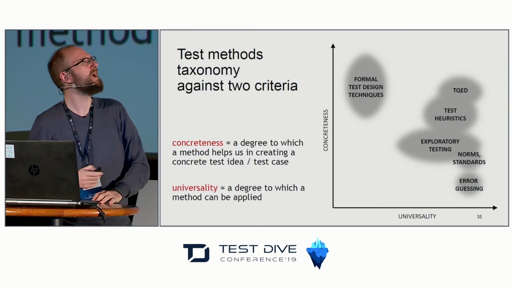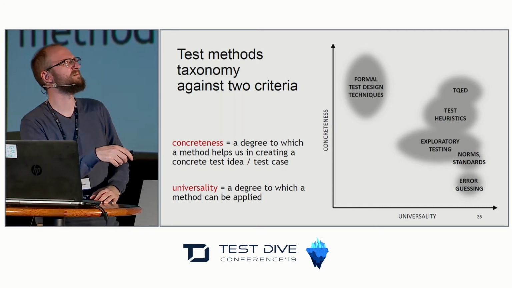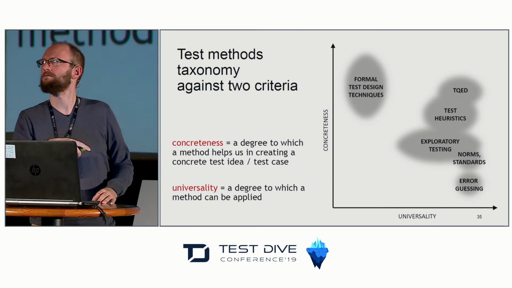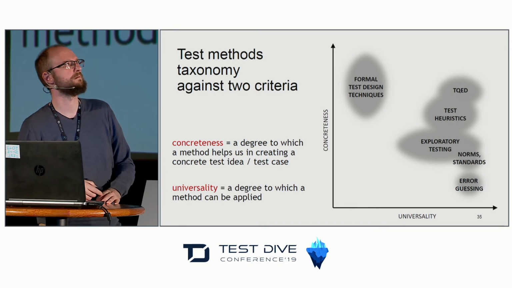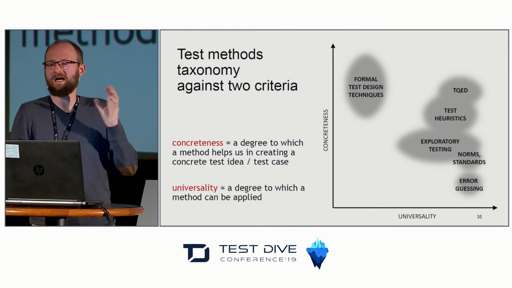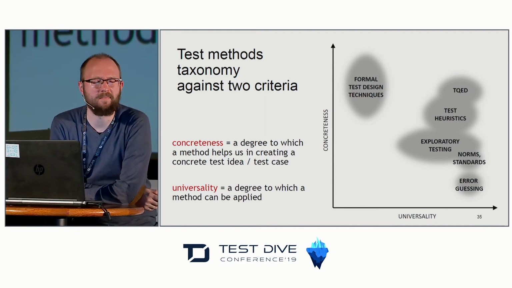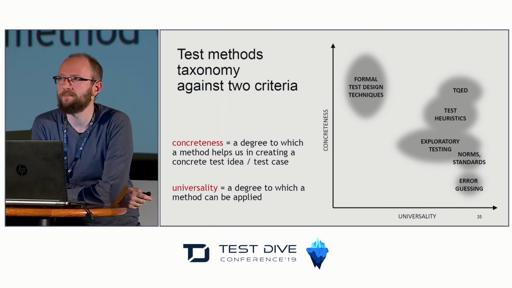So when we compare them, we can see that exploratory testing and test heuristics, do you know these test heuristics by Bach or by these other guys from this context-driven school, or no? If you Google test heuristics, you will find some material on that. They are quite universal, but they don't really give you a concrete idea how to test. For example, one of these heuristics provided by James Bach is: check each implemented function.